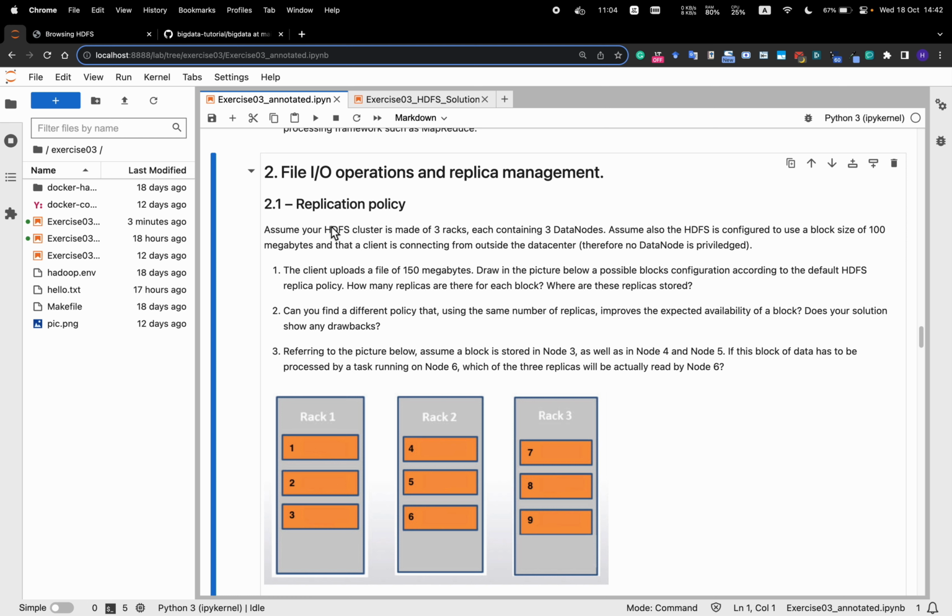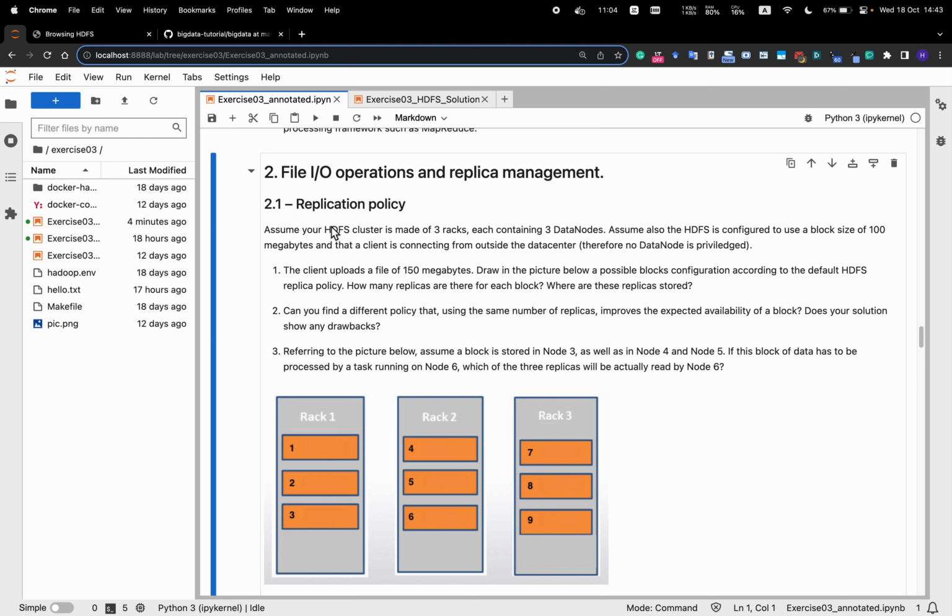If the client is inside of the cluster, where does the first replica go? Exactly, yes, to minimize the communication overhead. As we'll see later, the first block replication is the bottleneck, and it is synchronous.